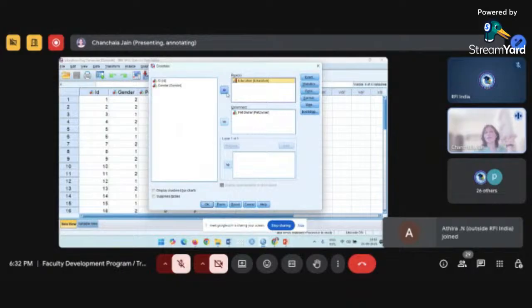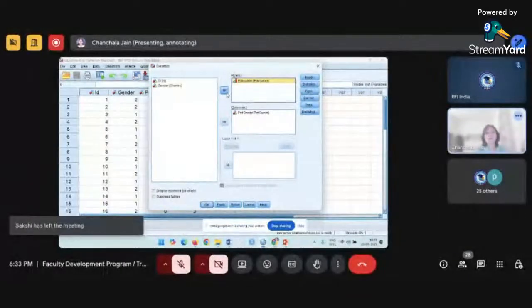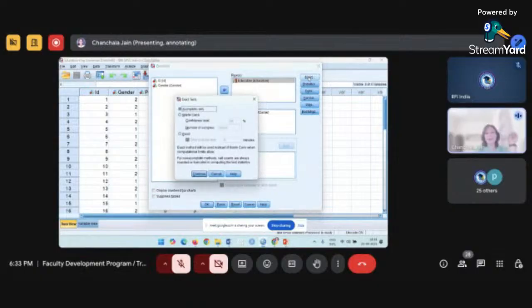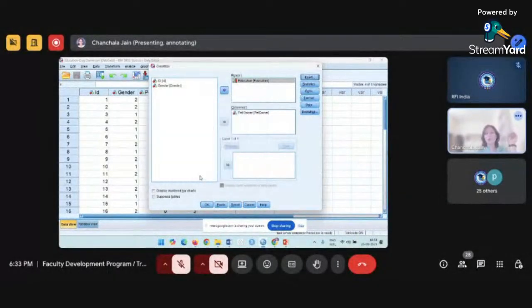Fine. Till here it is fine. May I go ahead? This time, what you need to do, you need to go to the exact button and click on the exact. Why so? Because now our table is not a 2 by 2 table. 2 by 2 table meaning is what?